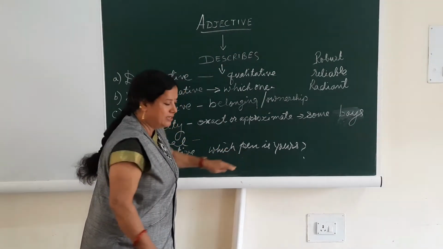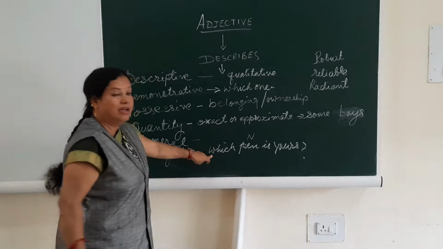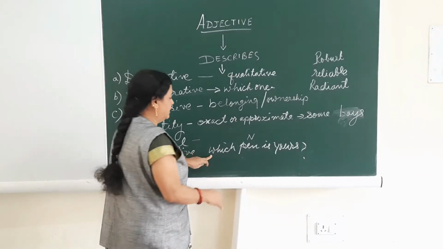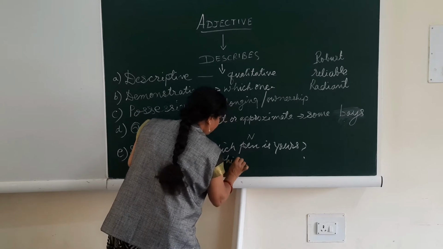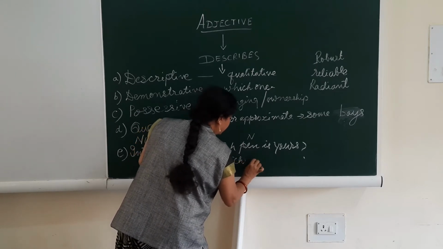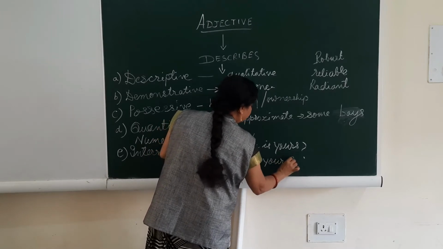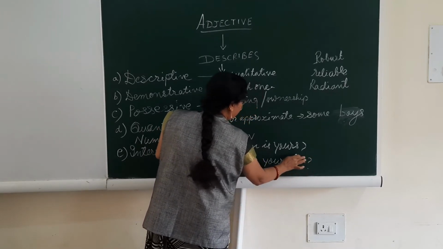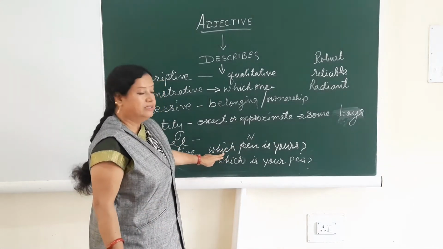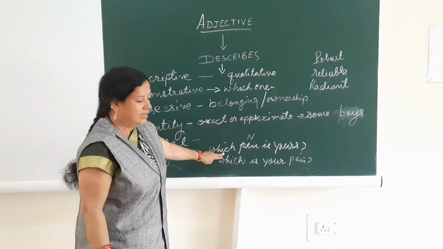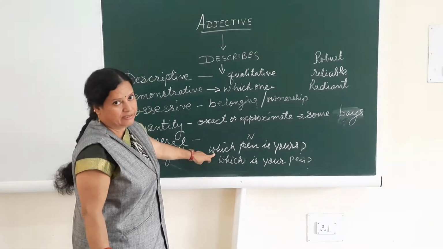If pen is a noun, then it is an interrogative adjective. But suppose I write, which is your pen, then it is not an adjective. Remember that you have to see the noun. If it is before the noun, then it is an adjective. Which pen is yours? Here it is an interrogative adjective.